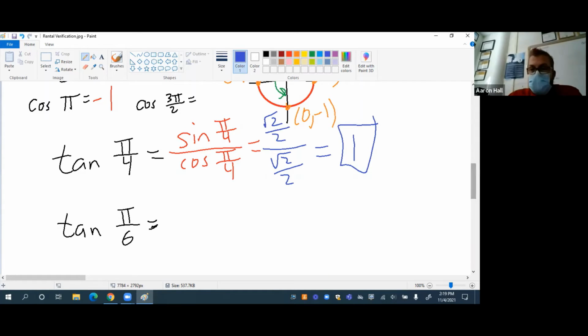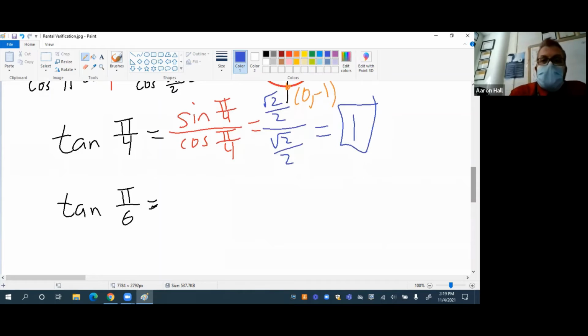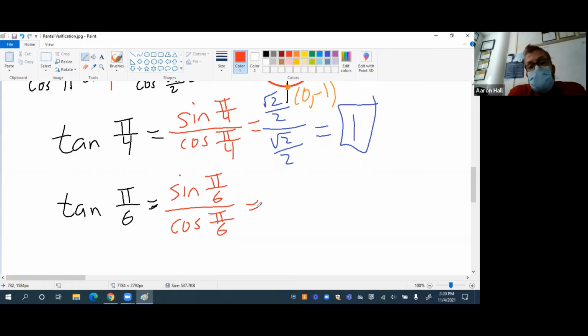What about this one? Same thing. In this case, we have sine of pi sixth over cosine of pi sixth. What's sine of pi sixth?